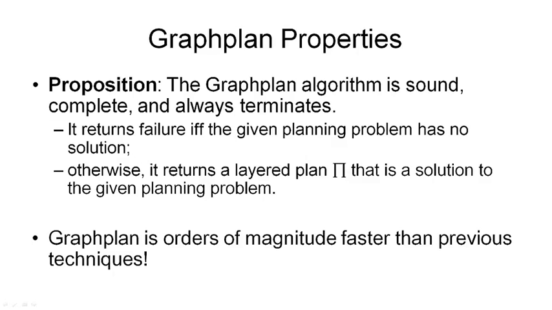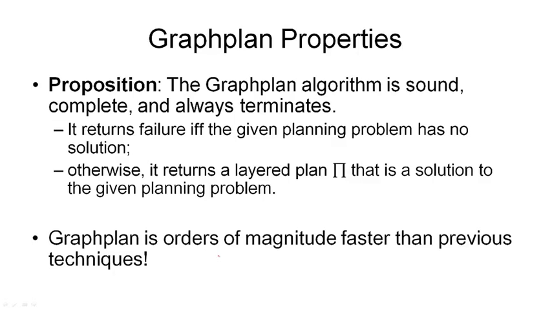But we have seen that Graphplan works on the propositional STRIPS representation. But again, remember, the STRIPS representation can always be translated into the propositional representation, so that is not really a restriction. The important thing here is that Graphplan, when it came out, was really a lot faster than all the previous planning algorithms we've described so far.